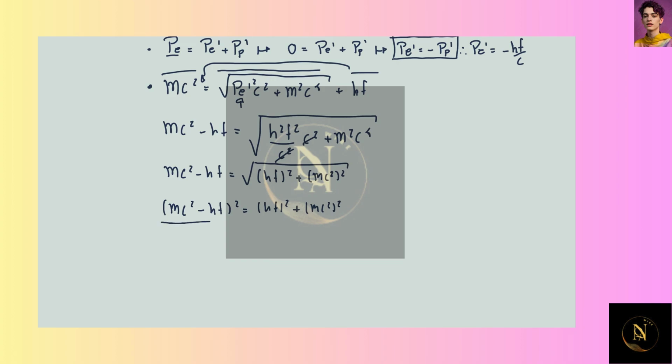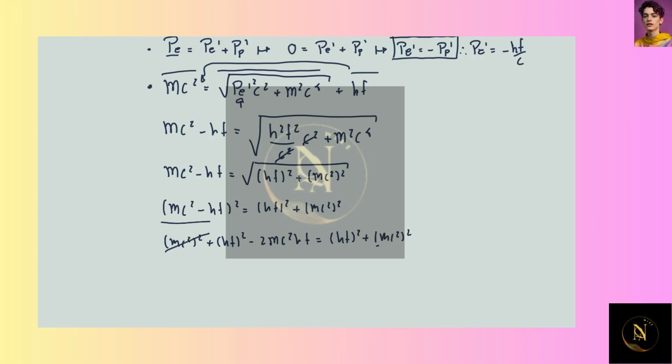Now, expanding the left hand side, we get (mc squared) squared plus (hf) squared minus 2 times mc squared hf is equal to (hf) squared plus (mc squared) squared.